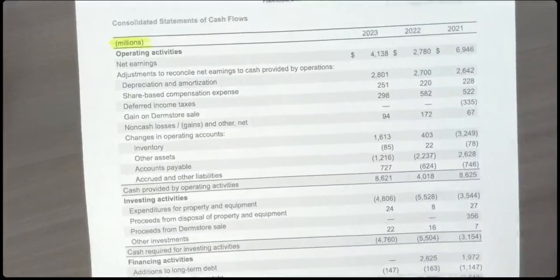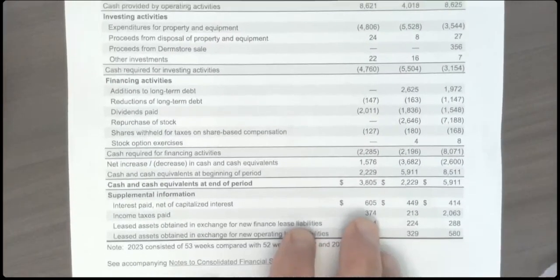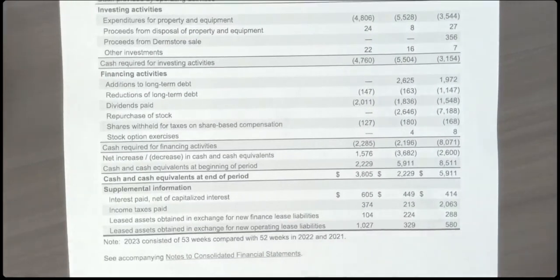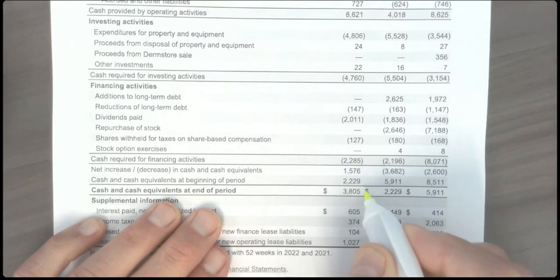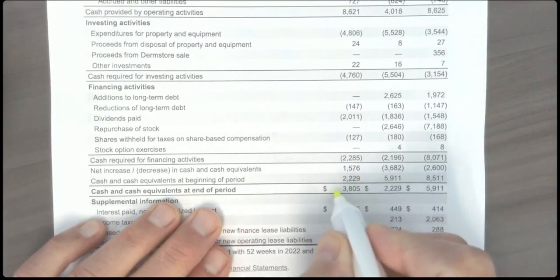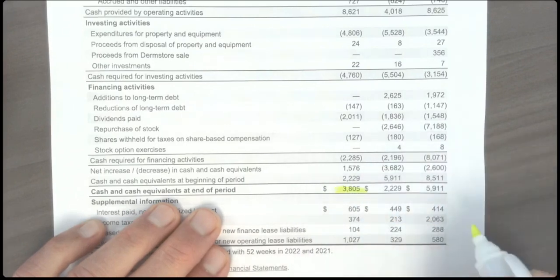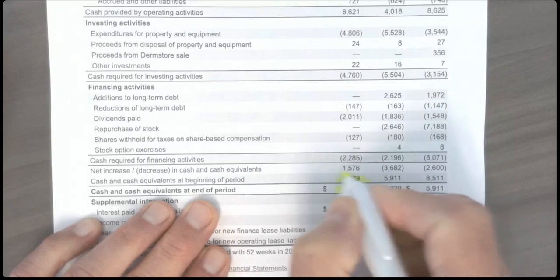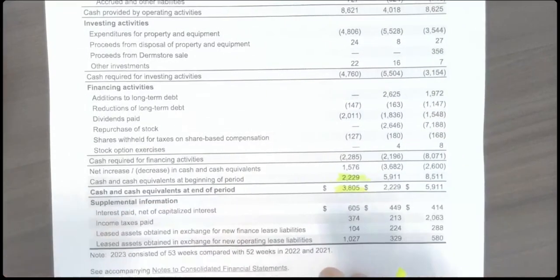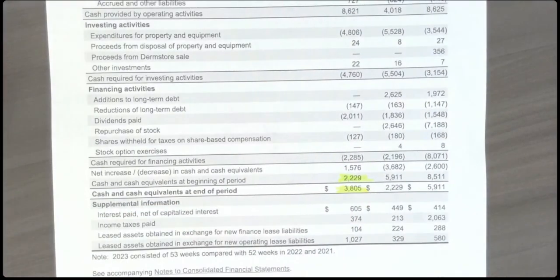Let's actually start at the bottom. This statement culminates in cash and cash equivalents at the end of the period of $3.05 billion. It started the period at $2.29 billion. Well, that begs us to look at something.